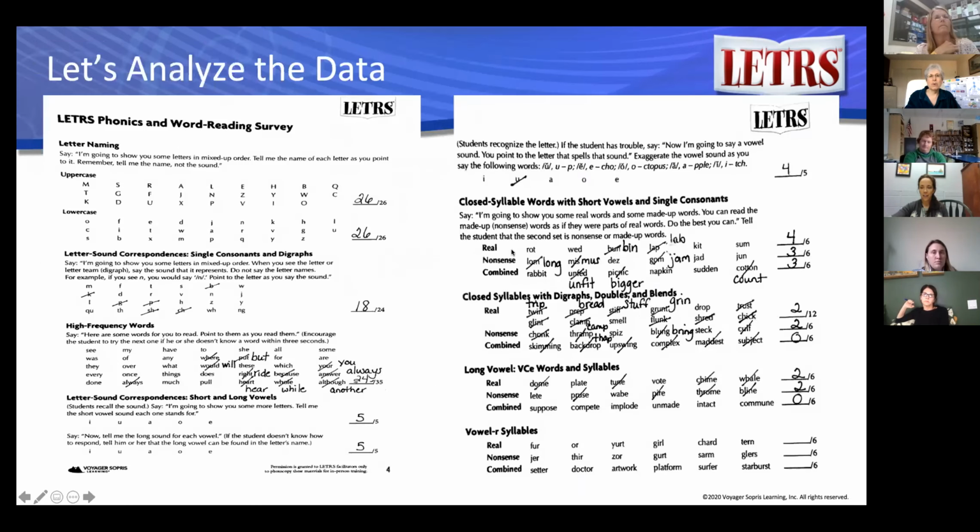But one of the things you're seeing is whether they can read real words versus nonsense words. That tells you maybe they're memorizing those words, but they don't really know the tools to crack the code. So that's the other part of this puzzle: we need to see the difference across the rows of what they're successfully able to do and where they're showing weakness. So I hope you get a chance to do this in the future, whether it's this year or next year, when you have more questions about your students.